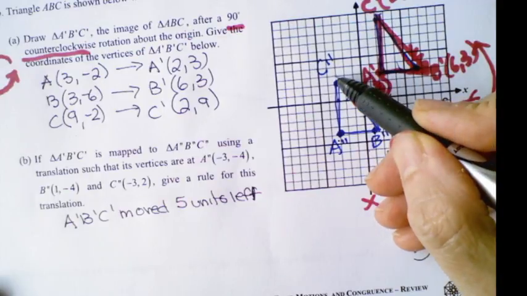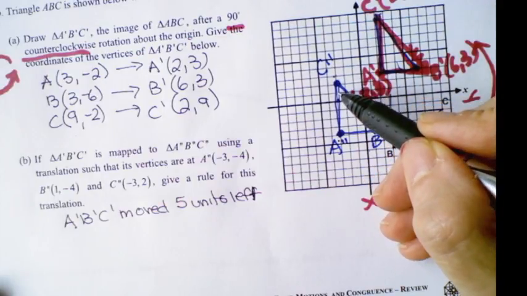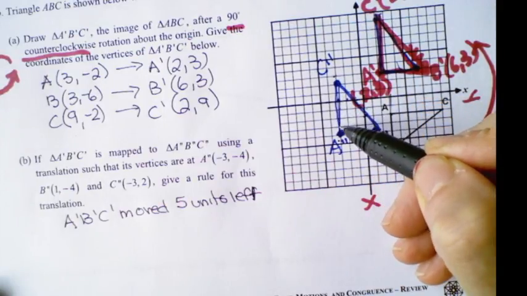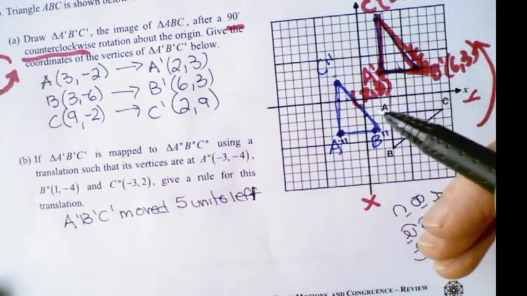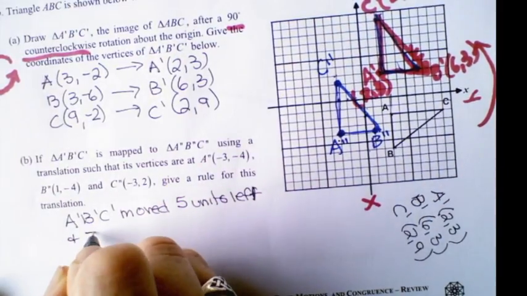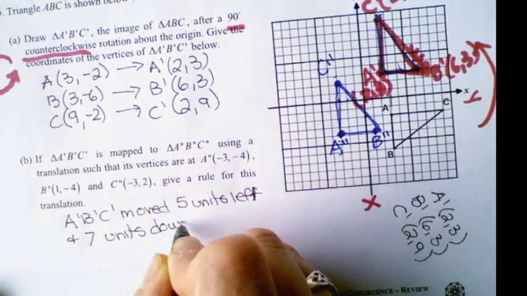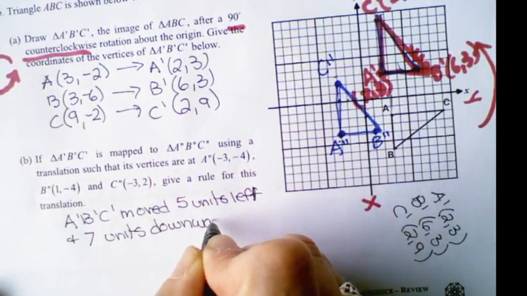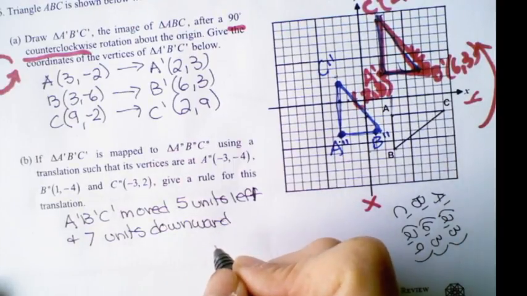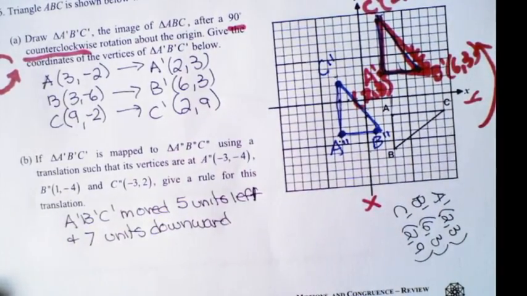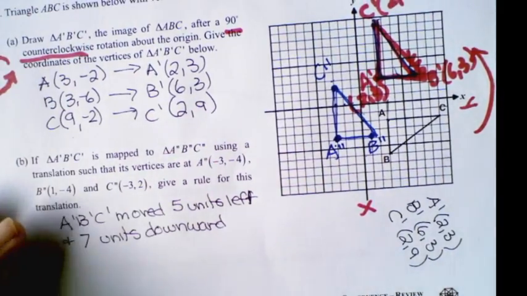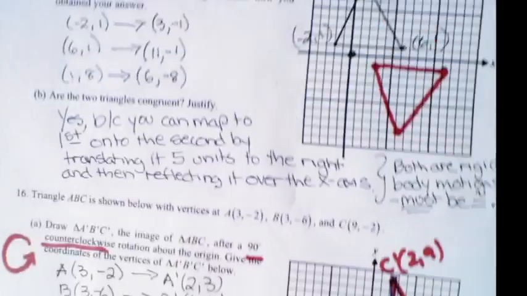It went 5 this direction, and then it went down 1, 2, 3, 4, 5, 6, 7 positions downward. Okay? Let's go on. Next problem is 17.